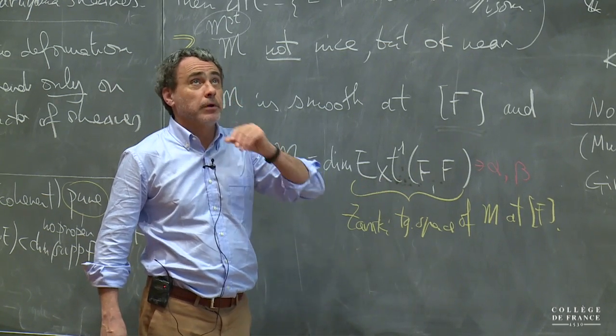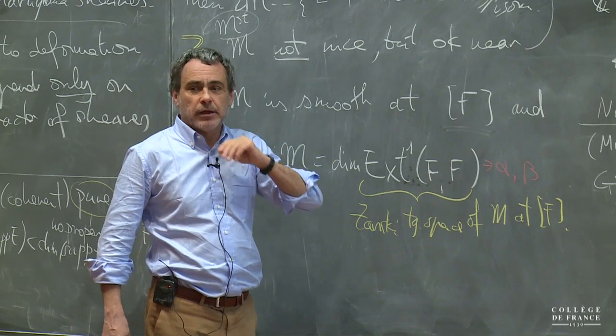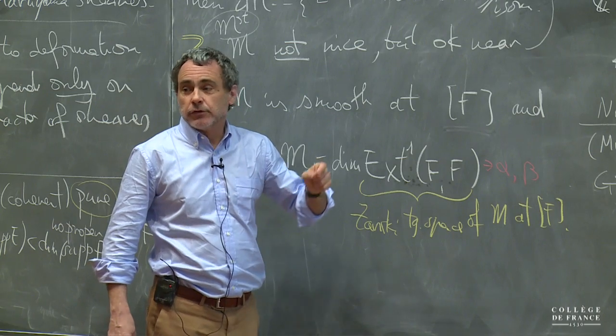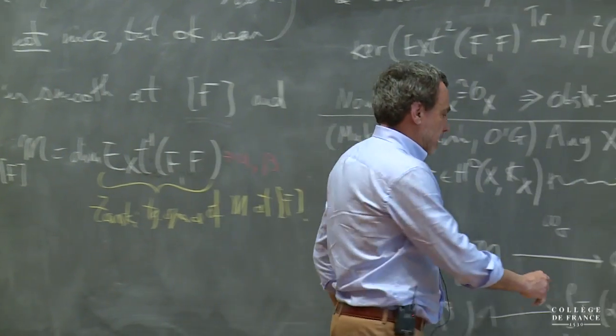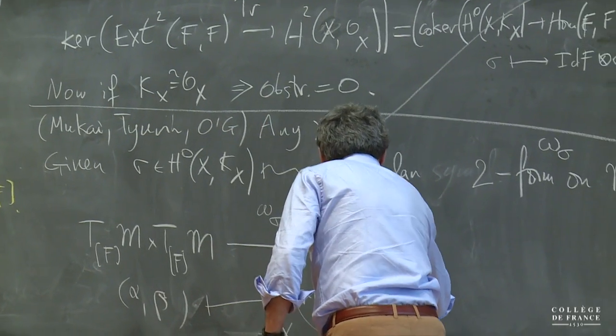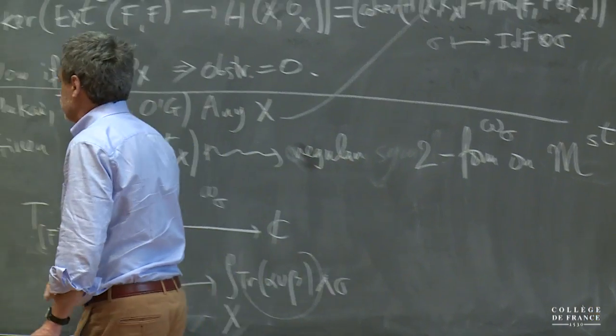You have two of them. You take the product of matrices, and then you just take the trace. So you get a (0,2)-form, which is closed. And that's this trace. And then you wedge with your sigma. So you get a (0,2)-form.